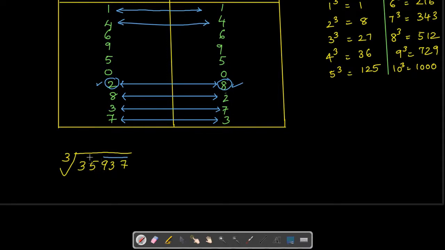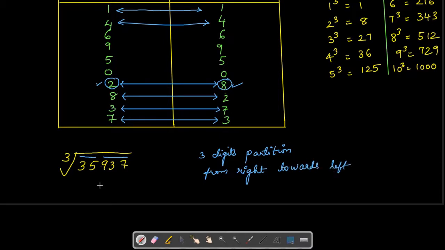This is my first partition, and this would be my second partition. A 3 digits partition, starting from right towards left.